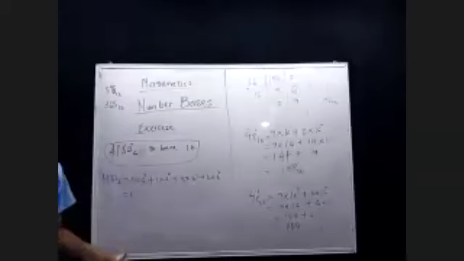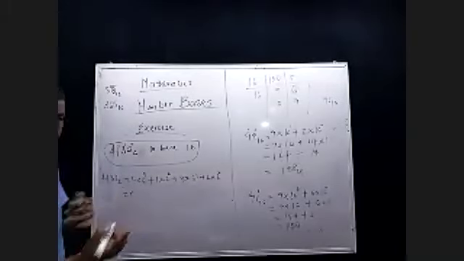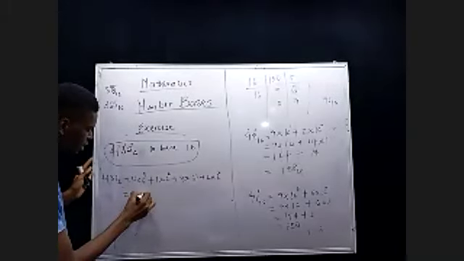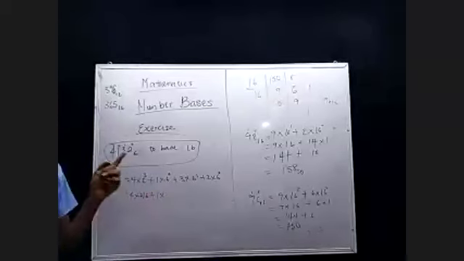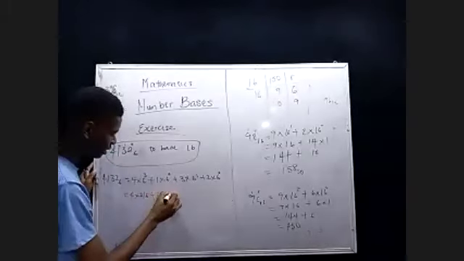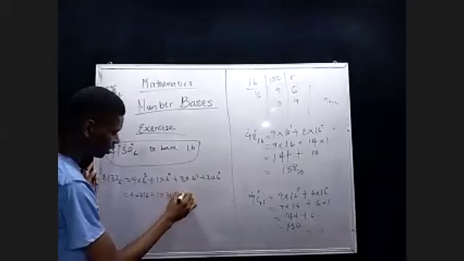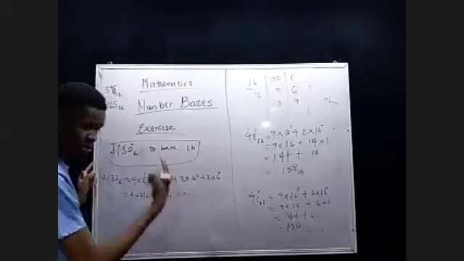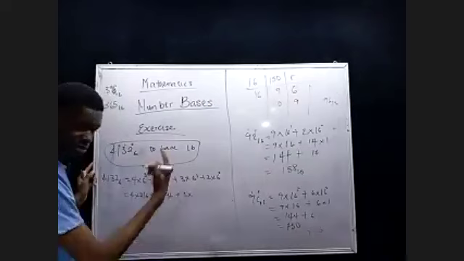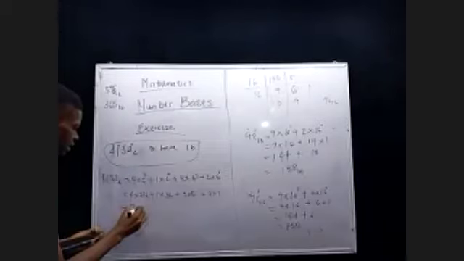So here, 4 times 6 raised to the power of 3 is 6 times 6 times 6, which is 216, plus 1 times 6 raised to the power of 2, which is 36, plus 3 times 6 plus 2 times 1. So 4 times 216 gives me 864.